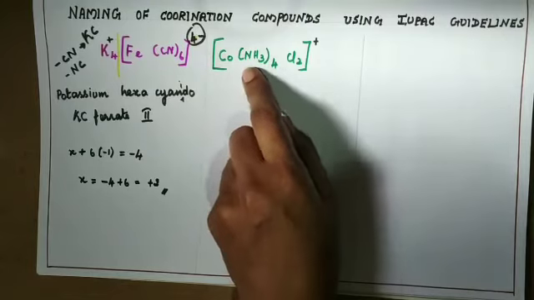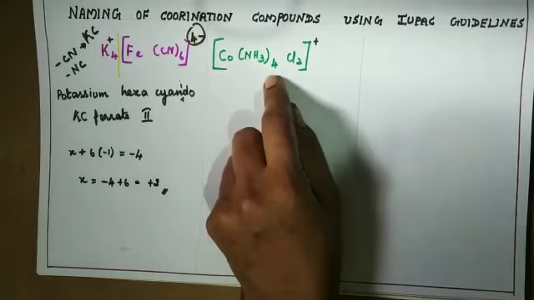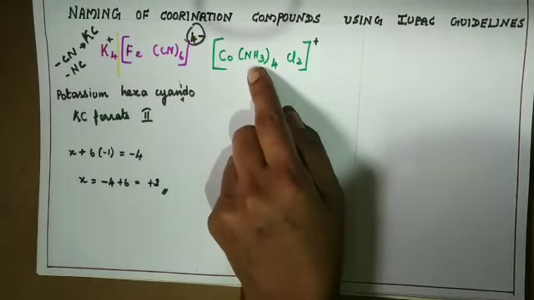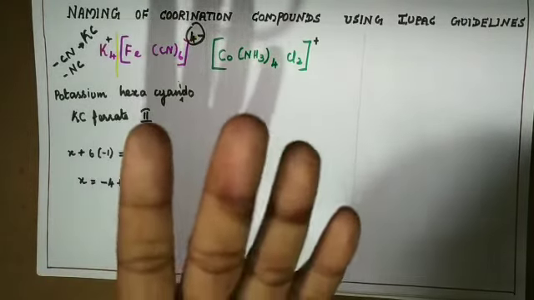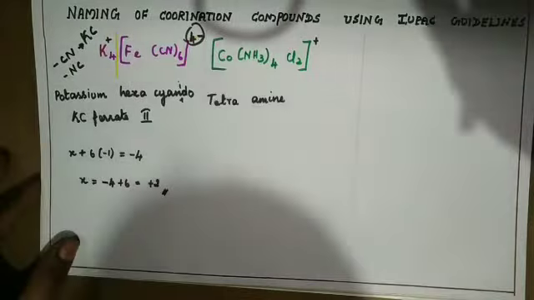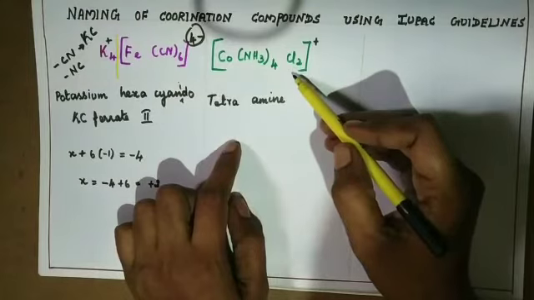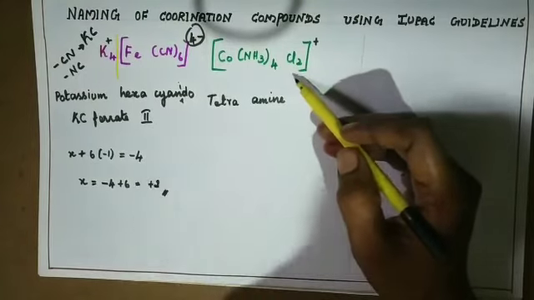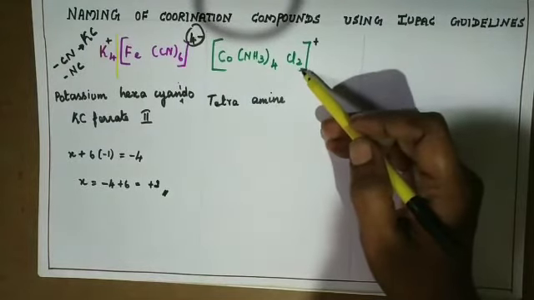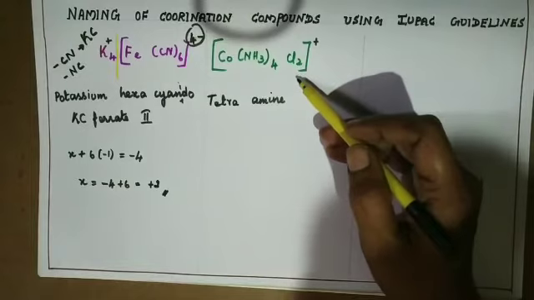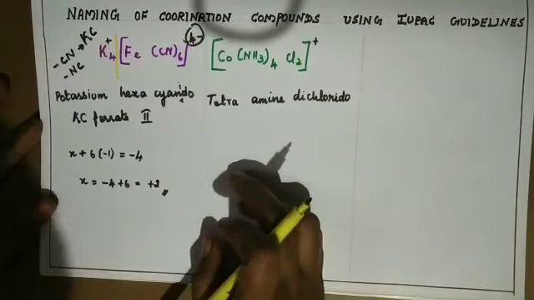Ammine. How many ammines are available? Four, so tetraammine. Then two chlorine ligands, so dichlorido. Next preference goes to the central metal ion.